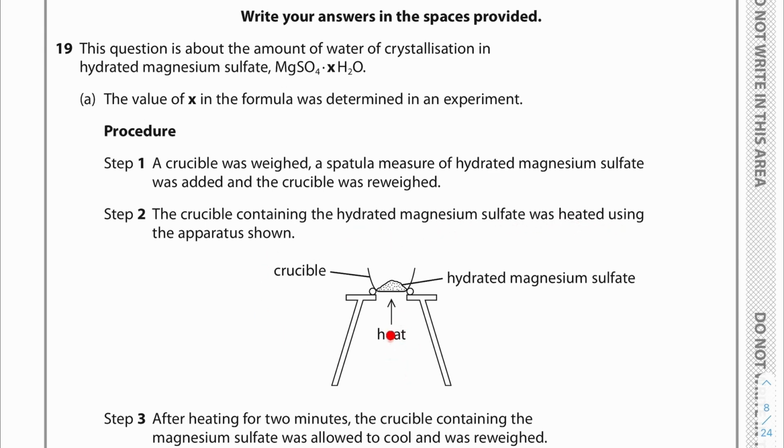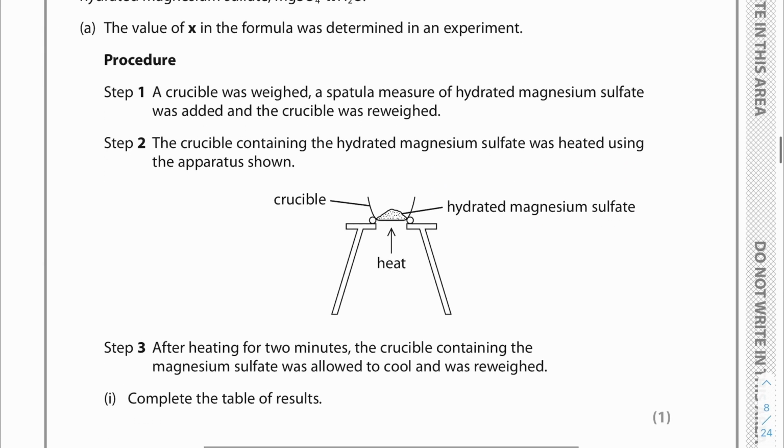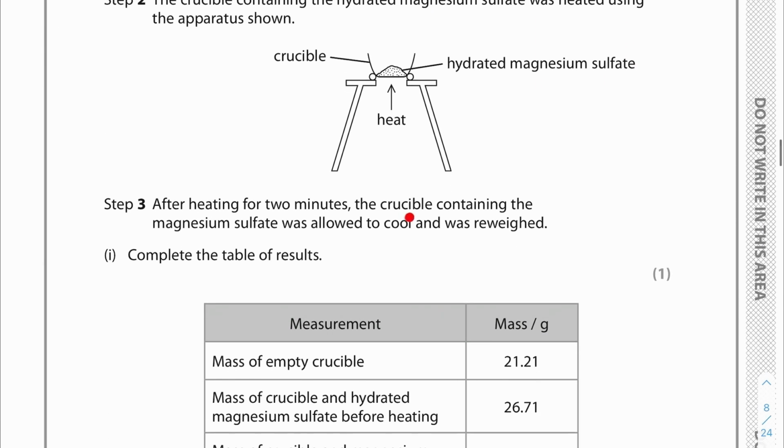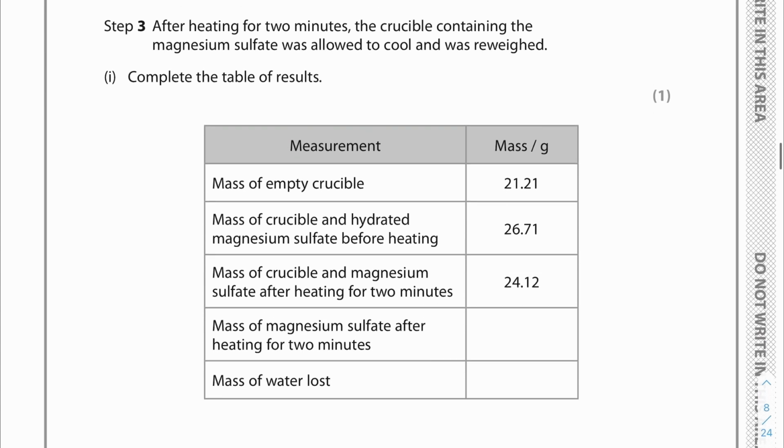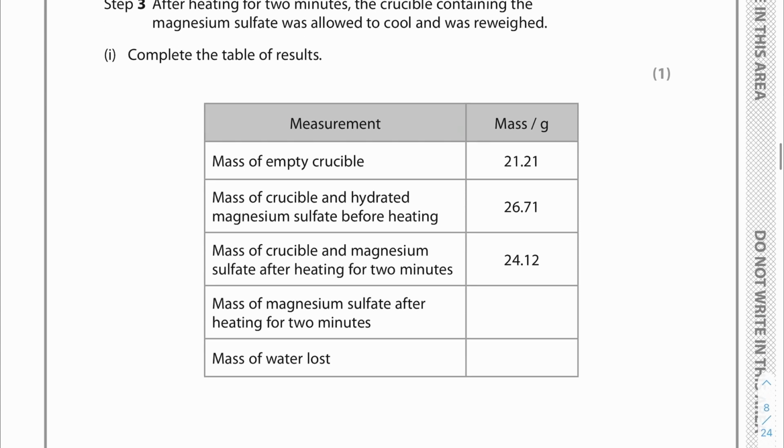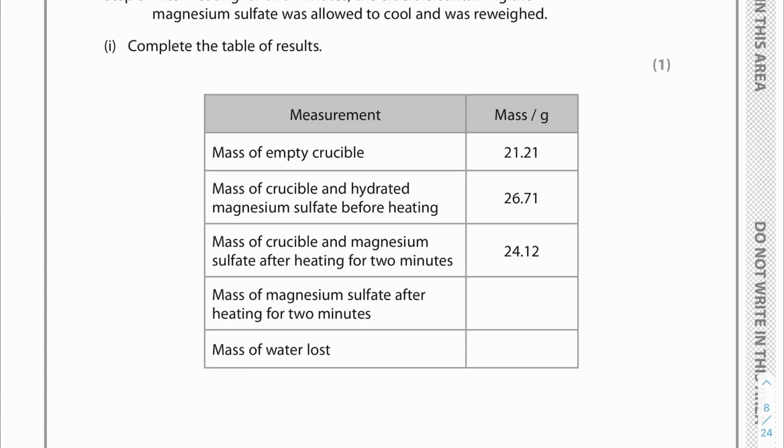So this is the heat being applied to the crucible with the hydrated magnesium sulfate already inside. After heating for 2 minutes, the crucible containing the magnesium sulfate was allowed to cool and was reweighed. So complete the table of results. So we have the mass of the empty crucible. Let's call this 1, right?